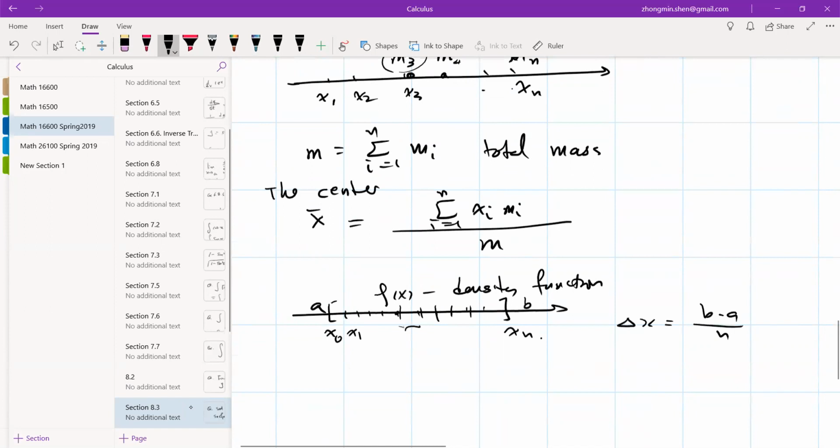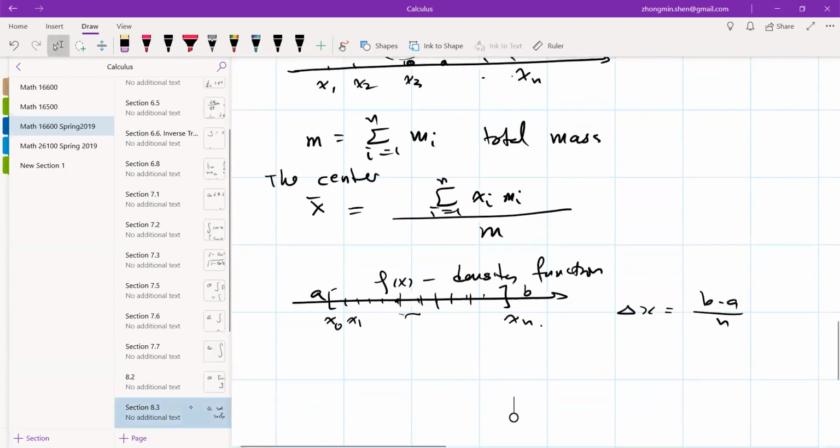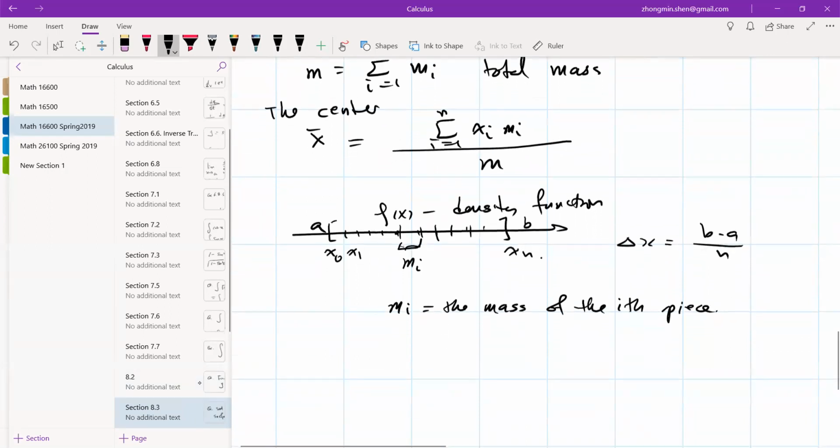For each one, you can consider it as one point. The weight of that piece is going to be the density function, so let's call it mi. So mi is the mass of the ith piece, which is the density function times delta x.